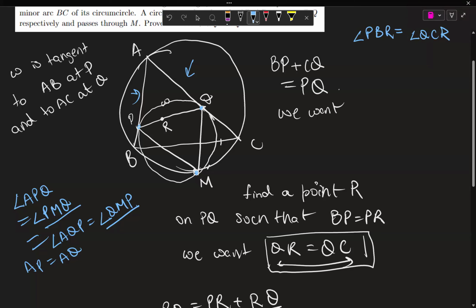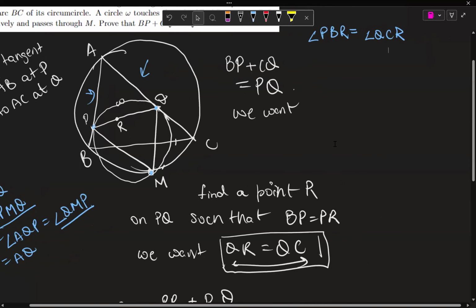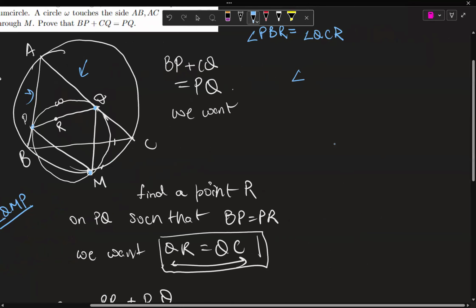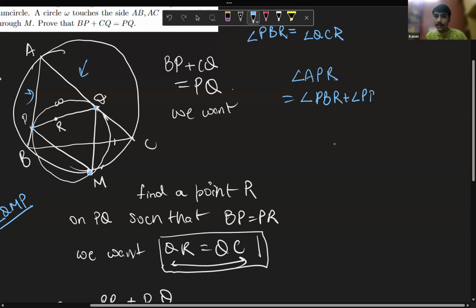So we get that angle APR is equal to twice angle PBR. I'll just write this explanation for everyone. This is equal to angle PBR plus angle PRB by exterior angle. And we know PR is PB, so this is twice angle PBR.